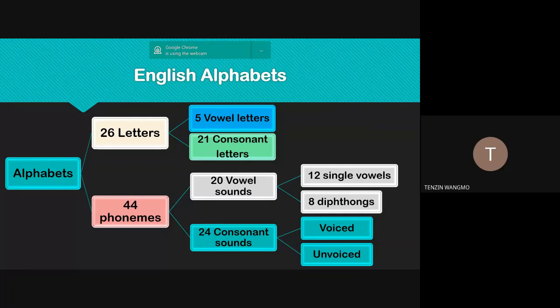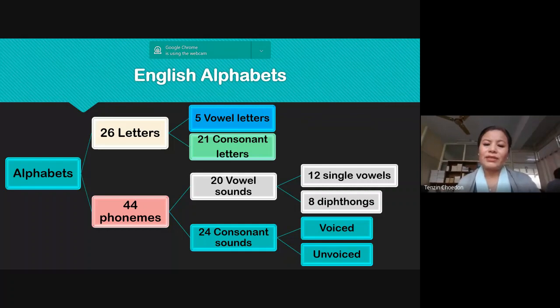So the 20 vowel sounds are grouped as single vowels as well as diphthongs: 12 single vowels and 8 diphthongs. We will discuss that also. The 24 consonant sounds can be voiced and unvoiced, that means out of the 24 consonant sounds, some are voiced and some are unvoiced.